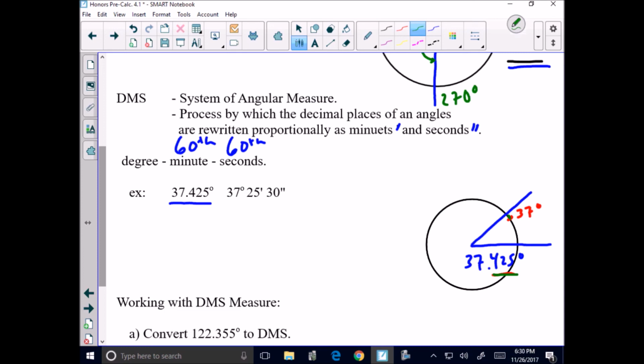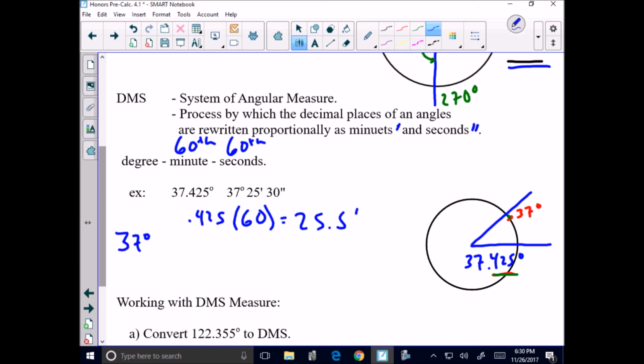And the way we're going to do this is by taking our 0.425 and first multiplying it by 60 to convert that decimal into minutes. So right here we've got 37 degrees, and when we multiply our 0.425 by 60, we get 25.5 minutes, right?